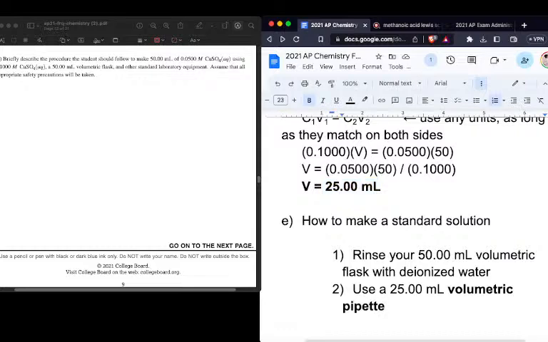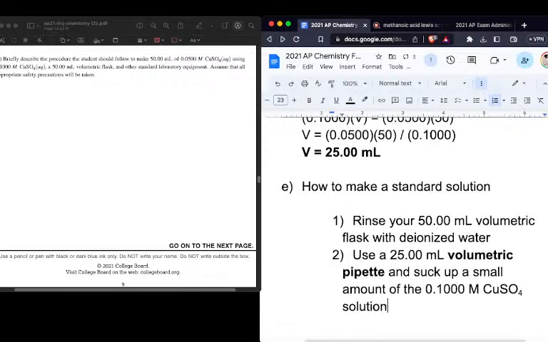It's long and thin, but it has a big bulb in the middle, and then there's a little plastic rubber bulb that you can squeeze at one end to suck liquid into it and then push it back out. Use a 25 milliliter volumetric pipette and suck up, I would say, a small amount of the 0.1000 molar CuSO4 solution.